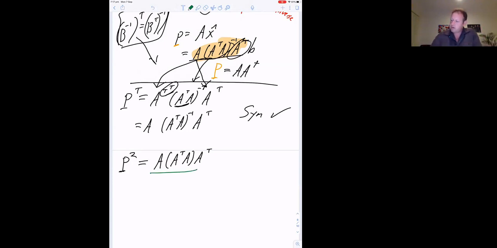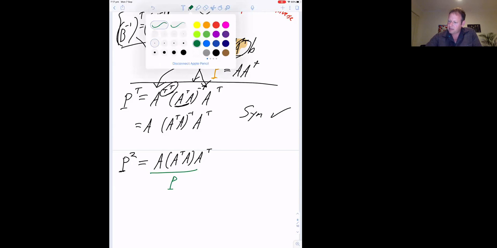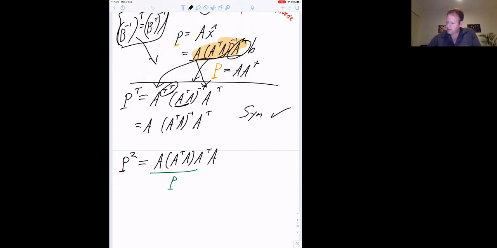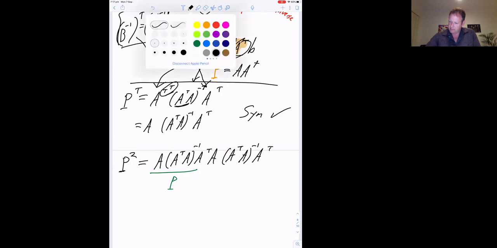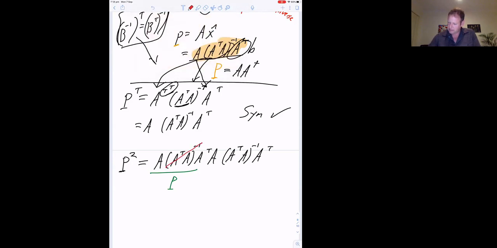When we're doing P squared, this is one P, and let's do another P. We've got an A, then A transposed A inverse, A transposed. A lot of things, but we can cancel like there's no tomorrow. For example, this cancels with this because that's the identity.